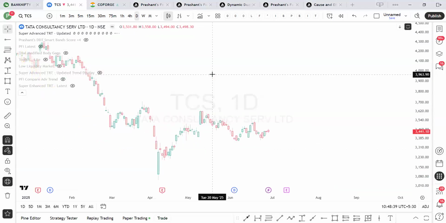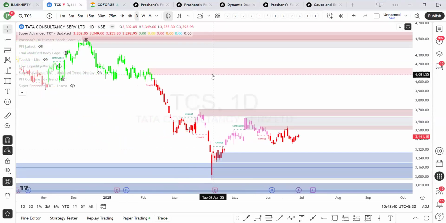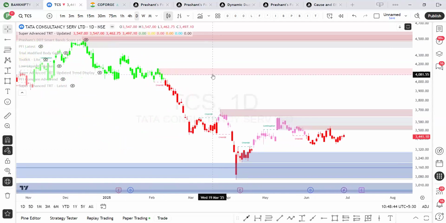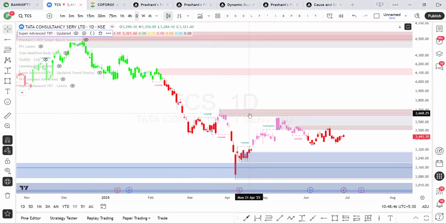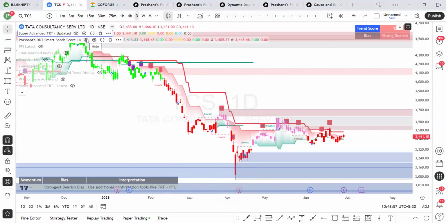So stocks like large cap stocks like TCS, they are sometimes very difficult because they are difficult to manipulate. Now clearly the trend is down based on TRT, and if we check dual dynamic, the trend is down and there are only sell signals.